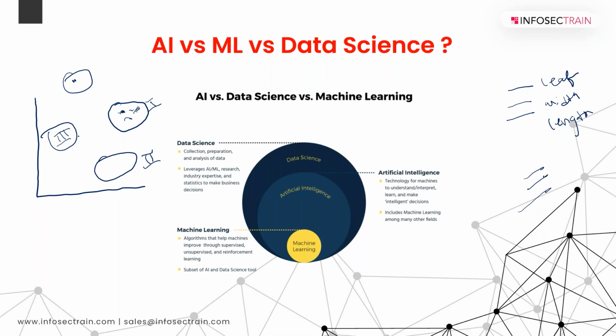So your algorithm will directly use its learning from all these data sets, right? It has learned from them, and it will just check the size, the width, and the length. On the basis of it, your algorithm will put it in the category where it falls.